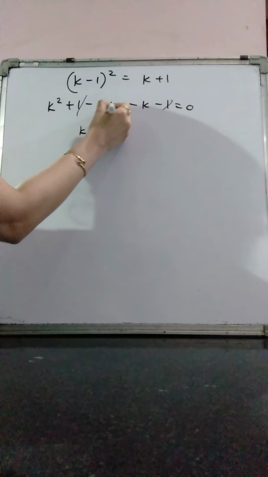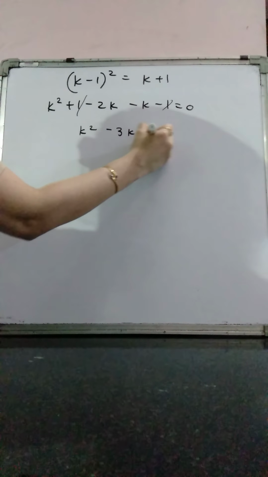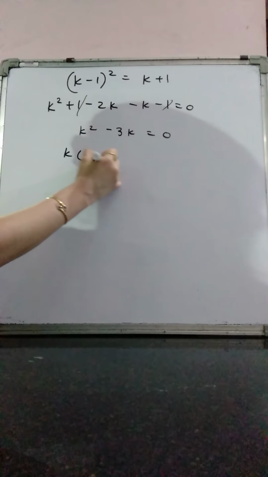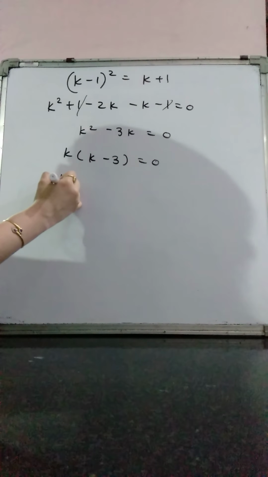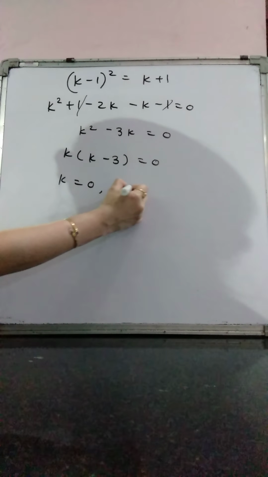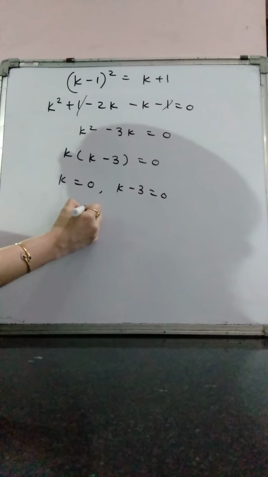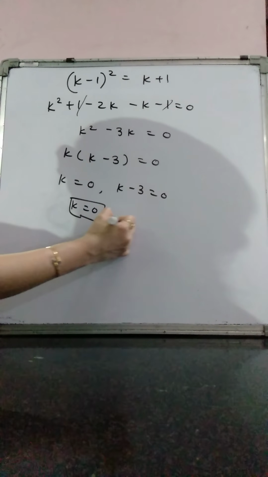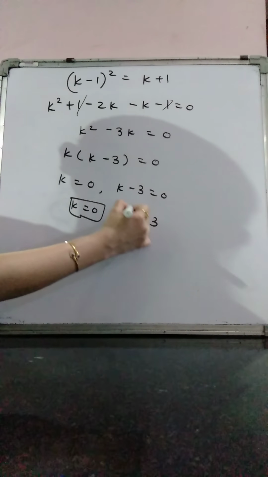Now apply the identity. k square plus 1 minus 2k. Collect all terms on one side. Cancel 1 and 1. Minus 2k minus k will be 3k. Take k common. Equate both of them to 0. So the answers are k is equal to 0 and k is equal to 3.